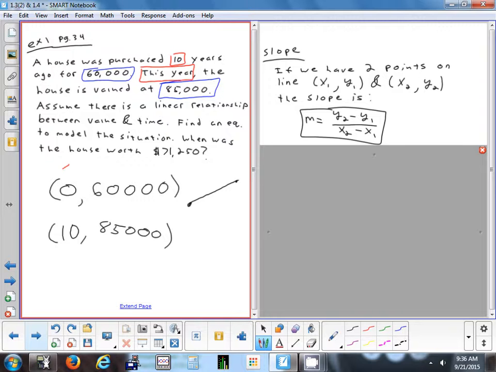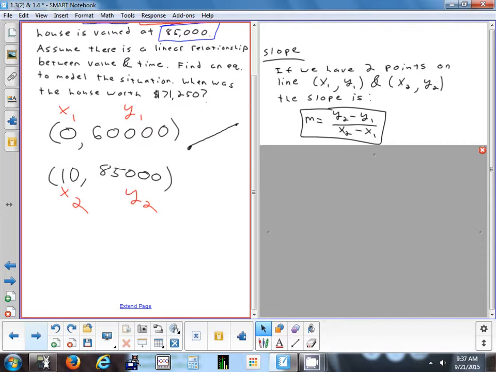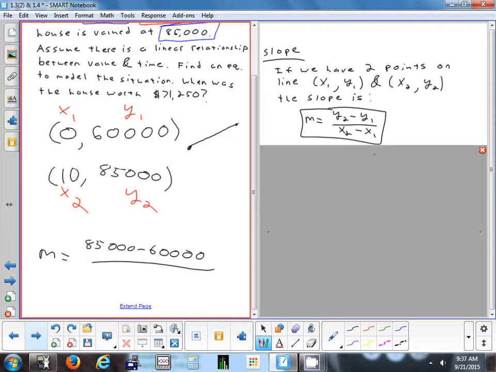Okay, if it helps, let's label these: x1, x2, y1, y2. All right, so I'm going to find my slope. It says to take 85,000 minus 60,000, divided by 10 minus 0.